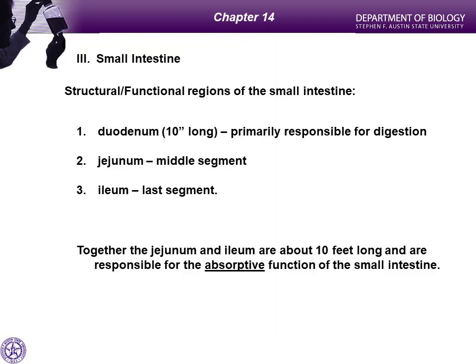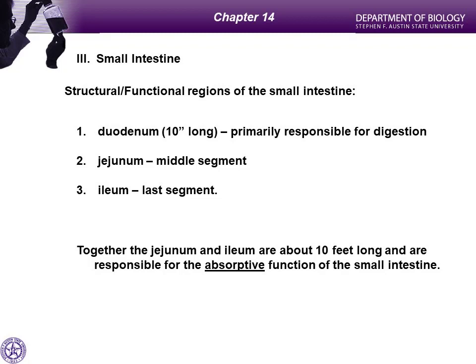So as we define the small intestine, most of what you see with small intestine is the middle part. And that middle part is called the jejunum. That first part that we've been talking about where the enzymes come in and the acid is neutralized, it's only about 10 inches long, and there's that name, the duodenum.